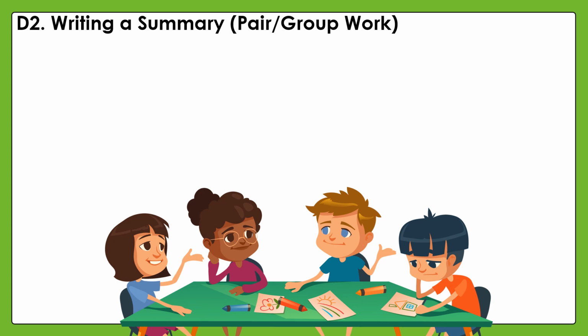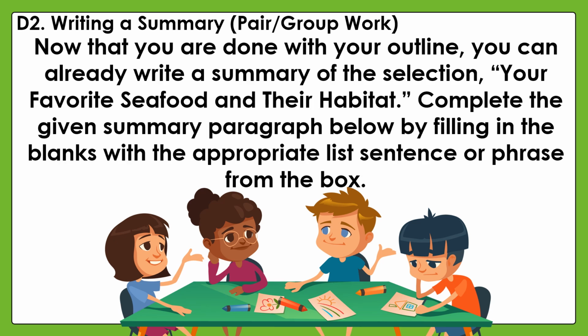Next is writing a summary. Now that you are done with your outline, you can already write a summary of the selection, your favorite seafood and their habitat. Complete the given summary paragraph below by filling in the blanks with the appropriate list sentence or phrase from the box.